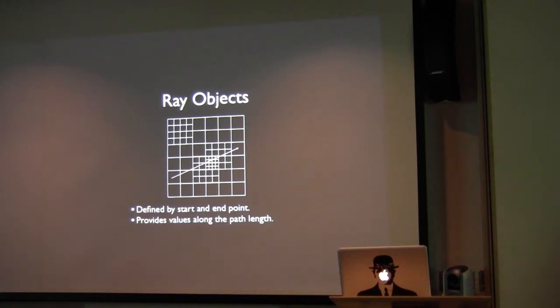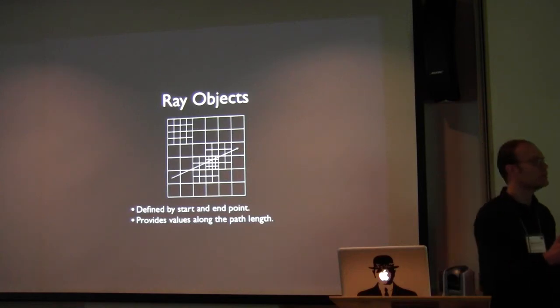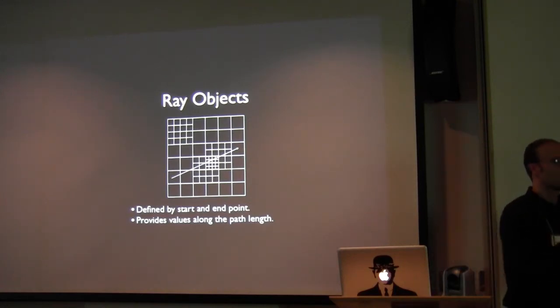So the first value of t would be at the beginning of the ray, and the last value of t would be the end of the ray, and the last value of t is maybe not necessarily 1, but it's normalized to 1. And dt gives you the normalized space between the points along the ray in the cells.